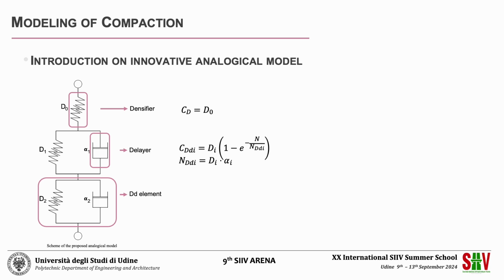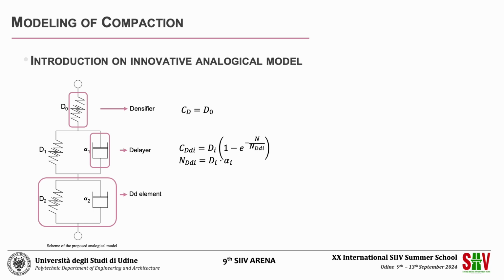And when we look at the model, we use two of these DD elements with one isolated densifier in series, and we found it very practical for fitting the compaction curve.